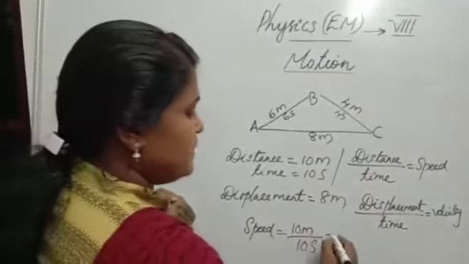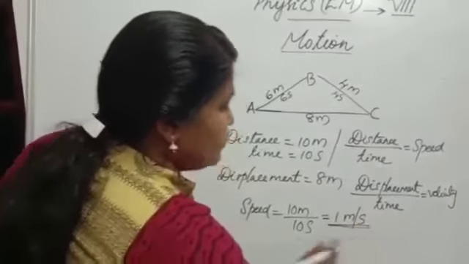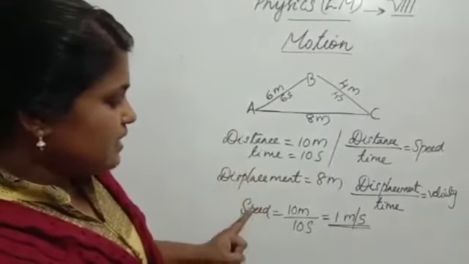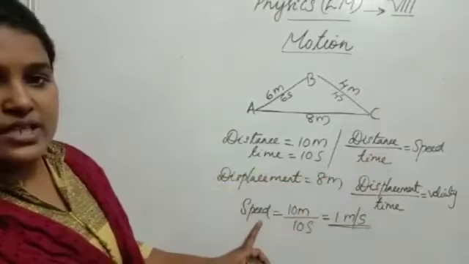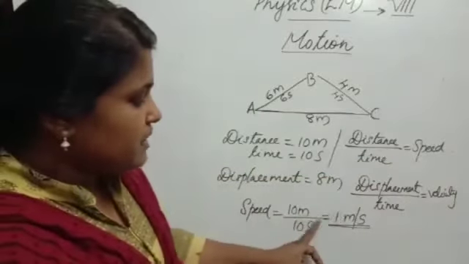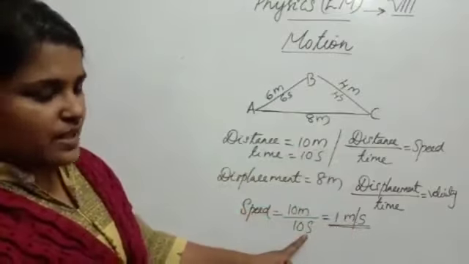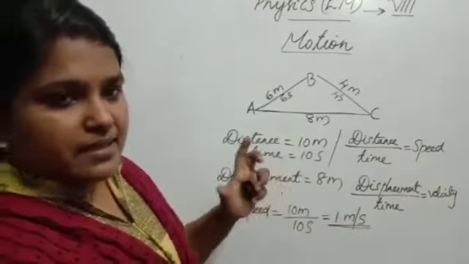So the speed is equal to 1 meter per second. Speed of the object is 1 meter per second. So here listen, meter per second is the unit of speed, because meter is the unit of distance and second is the unit of time. Therefore the unit of speed is meter per second.